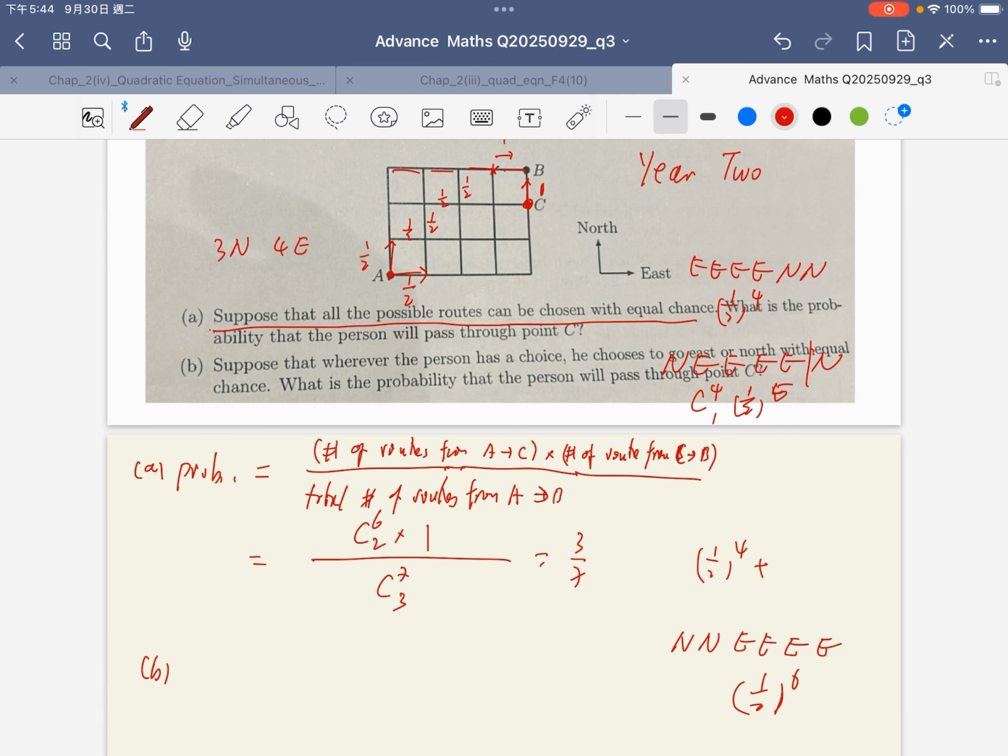The norths should not be placed at the last position, only the permutation of these 5 objects, that is 5C2.